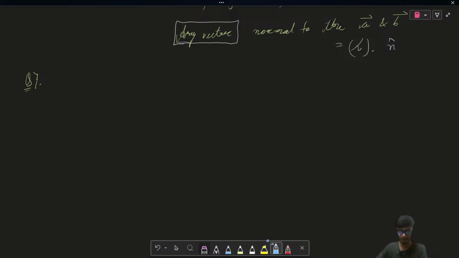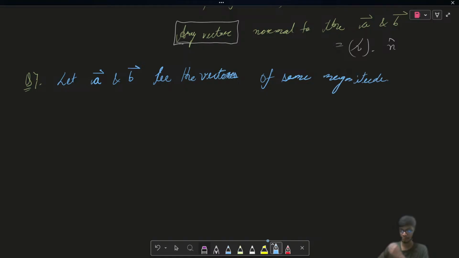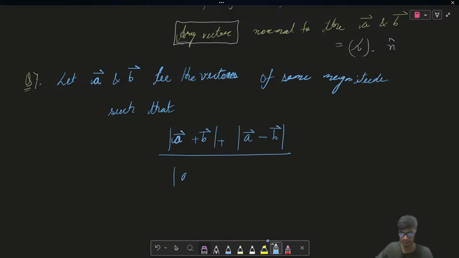The first question says: let a vector and b vector be vectors of the same magnitude such that mod of a vector plus b vector plus mod of a vector minus b vector, whole divided by mod of a vector plus b vector minus mod of a vector minus b vector, is equal to root 2 minus 1.